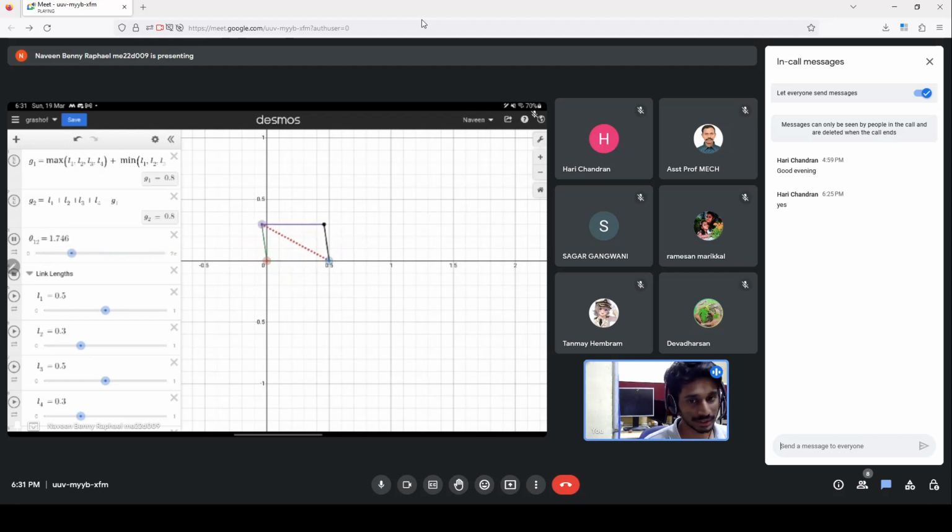Any other combination of G1 and G2, that is, if Grashof's criterion is not satisfied, you will get a double rocker system. Once it reaches here, instead of continuing, it will go all the way back again.